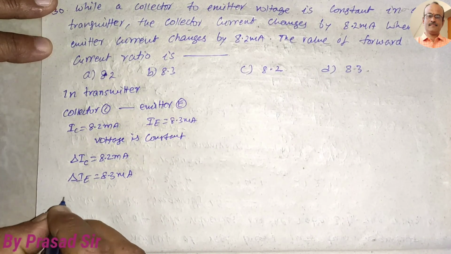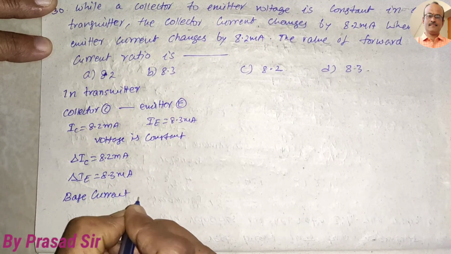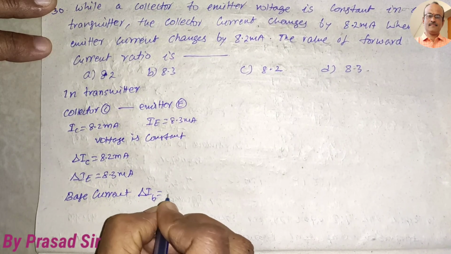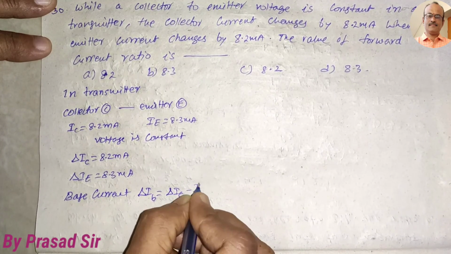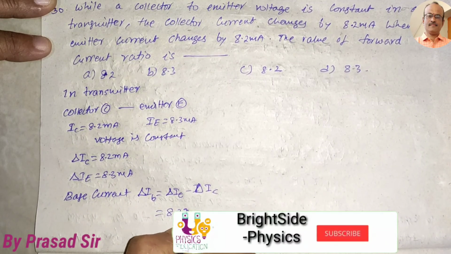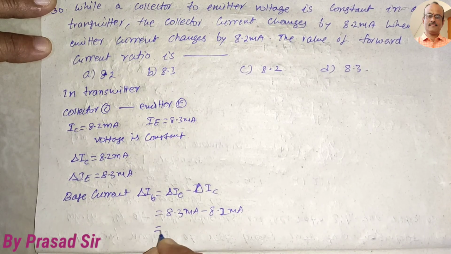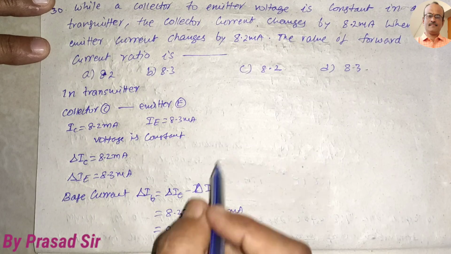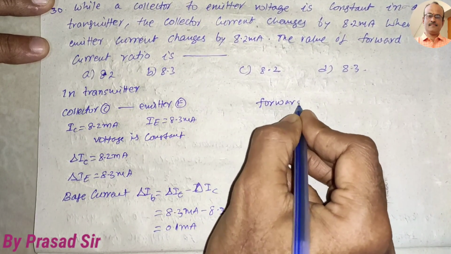But what is the value of forward current ratio? The current change in the collector is equal to 8.2 milliampere. Current change in the emitter is equal to 8.3 milliampere. But here I want to find the base current. So delta IB, base current, is equal to delta IE minus delta IC, that is 8.3 milliampere minus 8.2 milliampere is equal to 0.1 milliampere. But which one do we want to calculate? Forward current ratio.